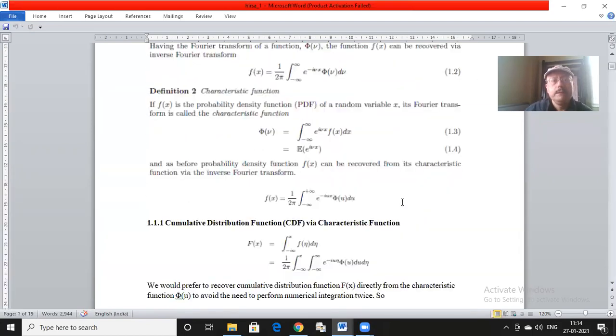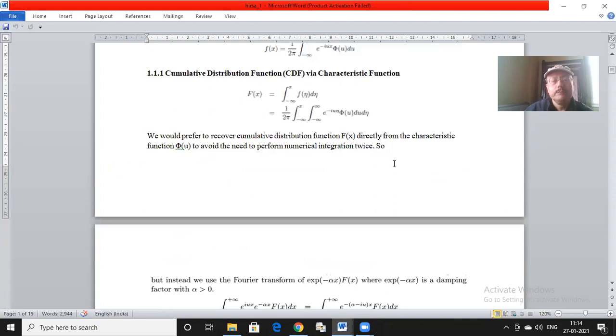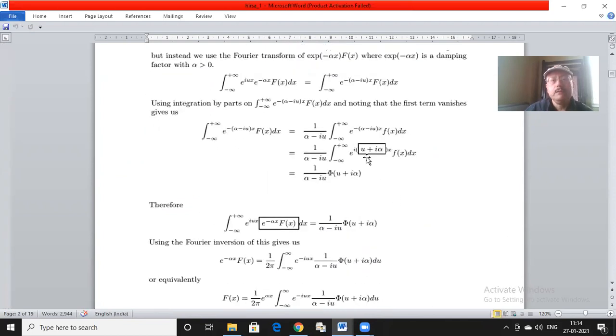You see, the usual phi is this integral where the exponent has i nu x. So i nu was the multiplier of x. Instead of i nu, now I have u plus i alpha.